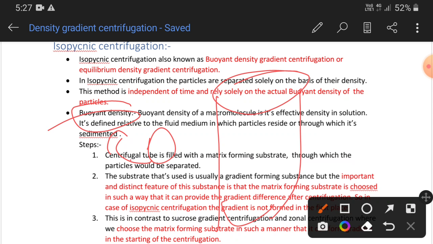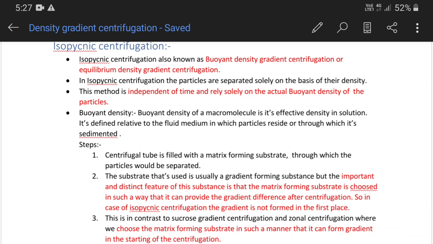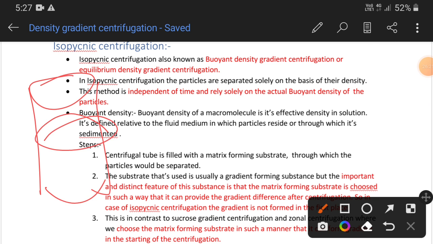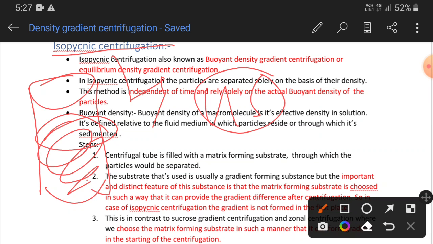That is the concept of isopycnic centrifugation. Okay, there is nothing new. So the first goal of ours will be to prepare the matrix. And another important requirement here is that we need a uniform mixture of sample. We will add that uniform sample mixture to the matrix forming substrate, which results in a homogeneous mixture.